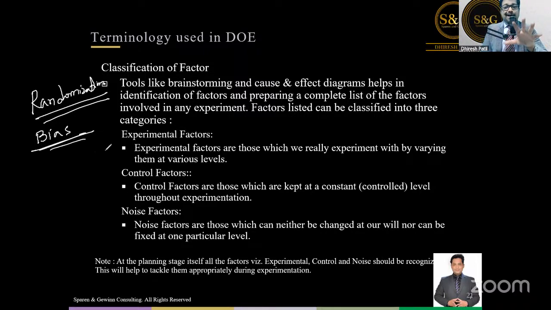What is bias? Let's connect with the gauge R&R study we studied on day 1. Let's say I give you a pen and ask you to measure its diameter 3 times directly. The first time you will measure 10.1. Next time you will measure 10.1.